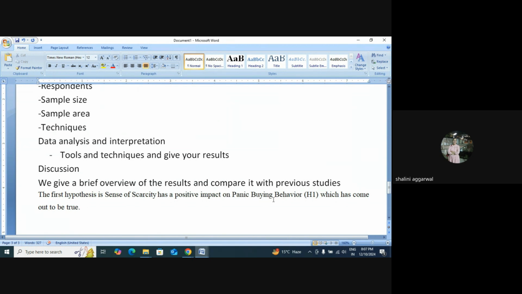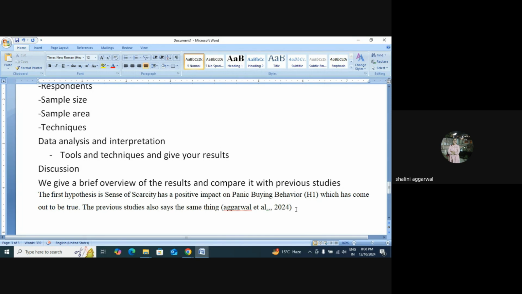Now, the previous studies also say the same thing, and here you have to give the in-text citation. Let's say Aggarwal et al., 2024. Is this clear?